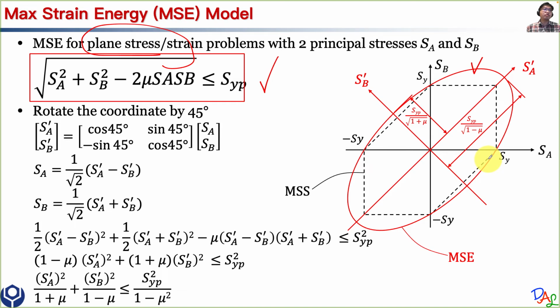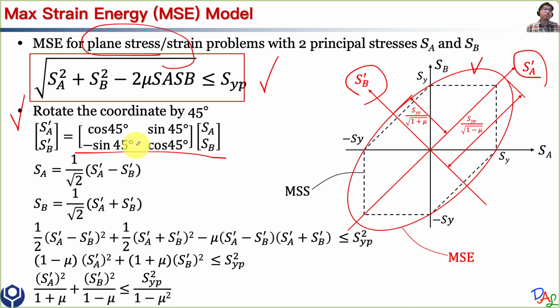And if you are interested in how I drew this, it's basically right here. I rotated the coordinate by 45 degrees. At the end, I have this SA prime and SB prime, and SA prime and SB prime will have this relationship with SA and SB.